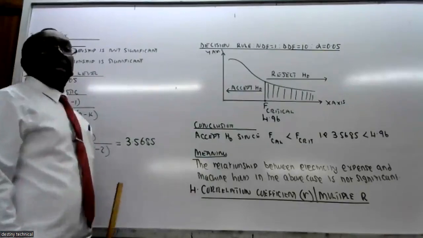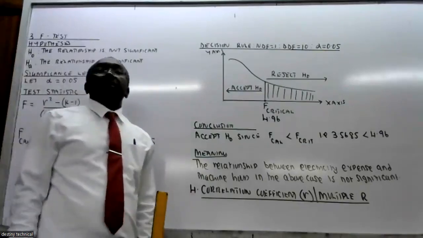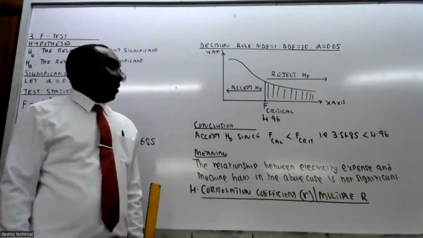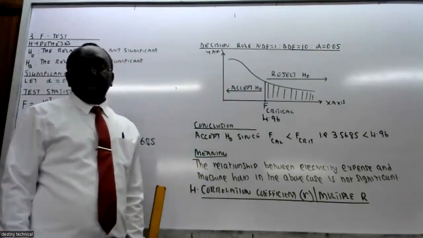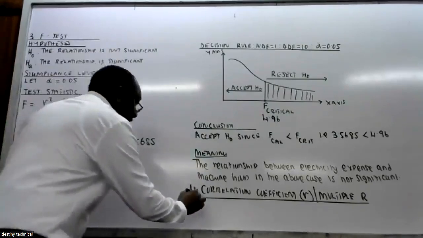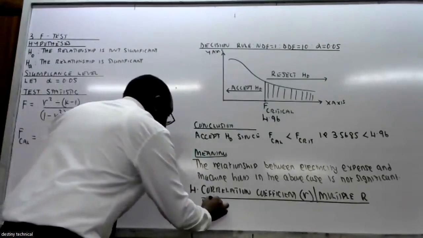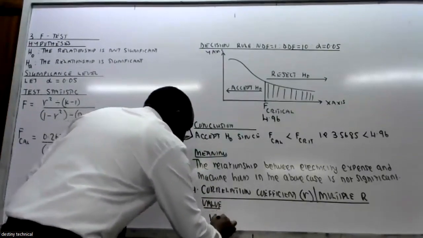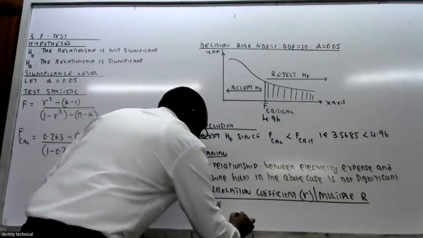So this one is simply used to study two things. One is the strength of the relationship, and number two, the nature of the relationship. This doesn't have many things. So straight on, we shall write the value. The value for this R is given as the square root of R squared.